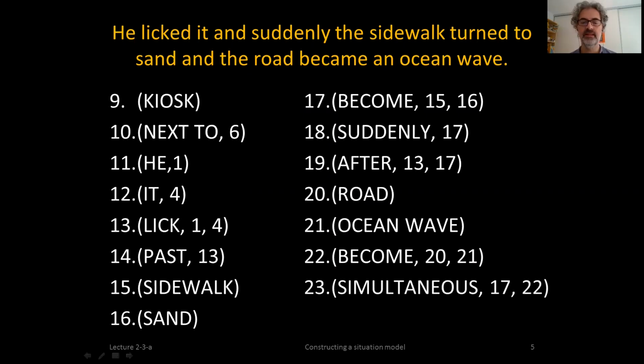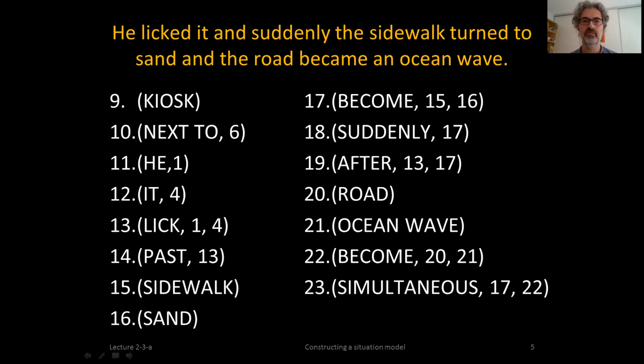And then I'm interpreting this construction to imply that this becoming, the sidewalk turning to sand, and the road becoming an ocean wave, the way I'm reading it, I am understanding it as taking place simultaneously. This is not obligatory. I suppose some might have interpreted this and to indicate a temporal sequence.